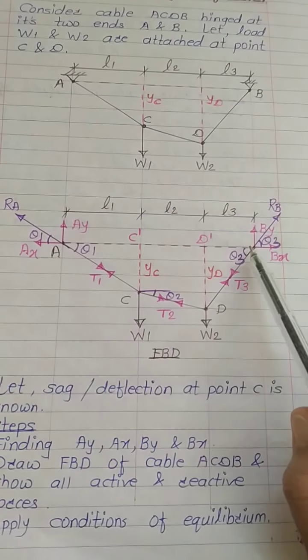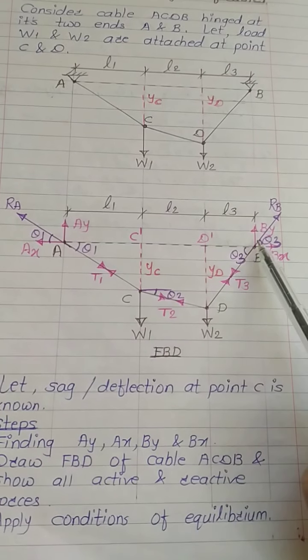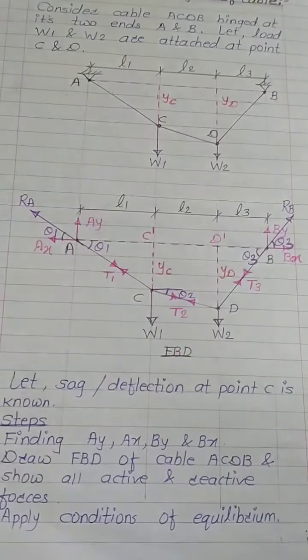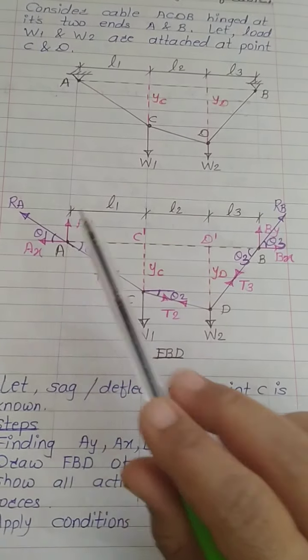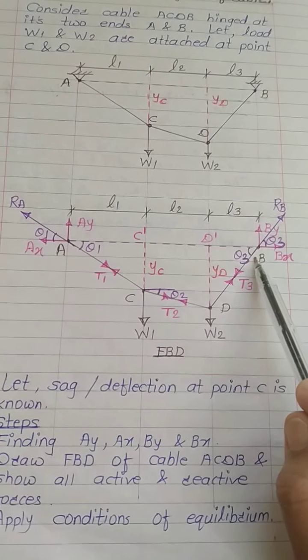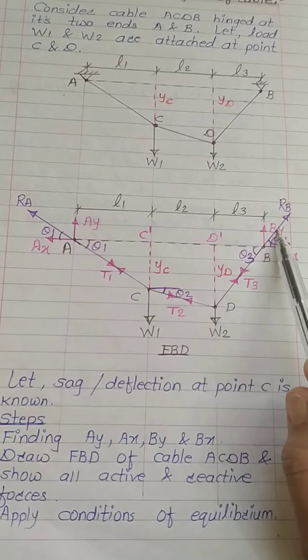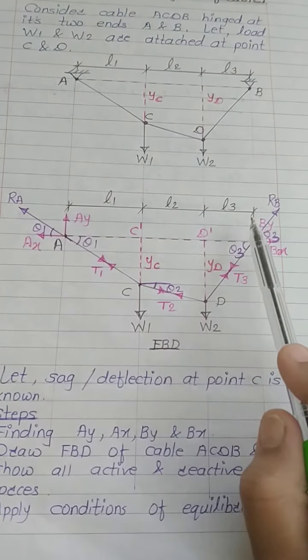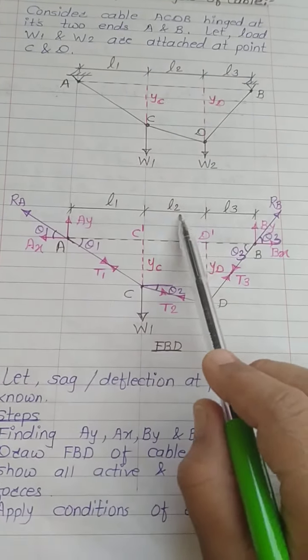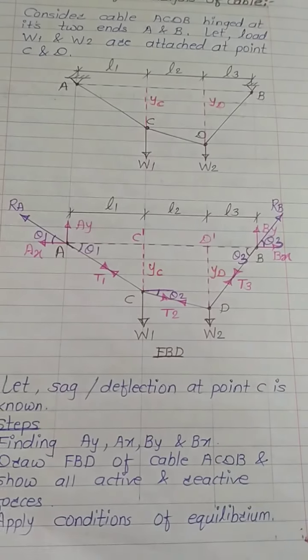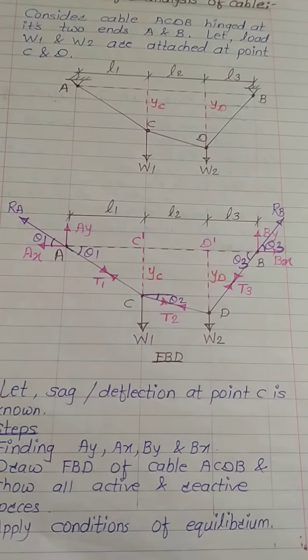Next force is By. If you consider the By force, it is going to rotate in the anti-clockwise direction about point A. So its moment will be plus, according to my sign convention. So plus By into its distance from this point, which will be the addition of all these three lengths, L1 plus L2 plus L3, must equal 0.